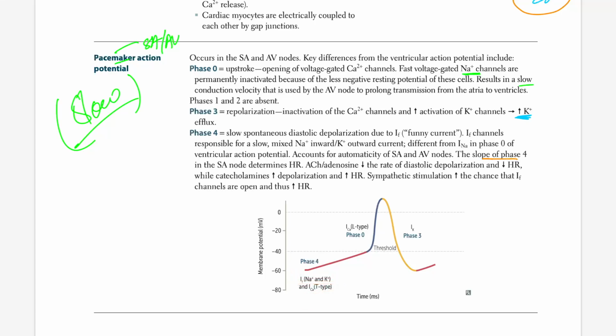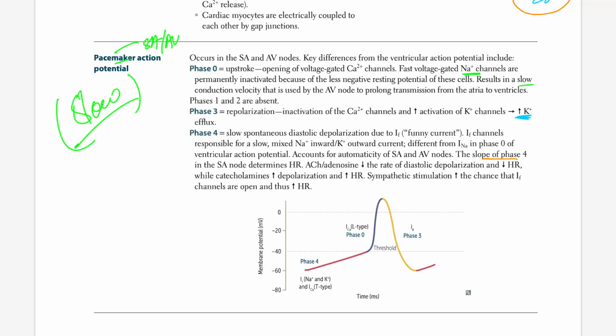All their job is to make sure that the cell goes toward negative 40 membrane potential. As soon as the membrane potential goes to negative 40, the L-type calcium channels get activated and the depolarization occurs. And that's all we have for the slow response action potential.